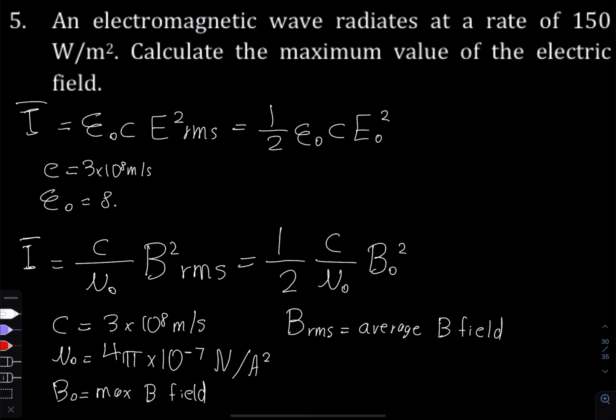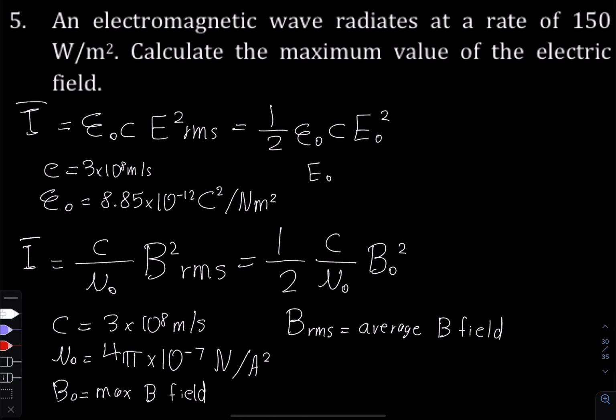Basically it's going to be 8.85 times 10 to the negative 12th. The units here are C squared, which is coulomb squared, which is unit of charge, over newtons meters squared. Don't really worry too much about the units there, just for reference in case you need it somewhere.